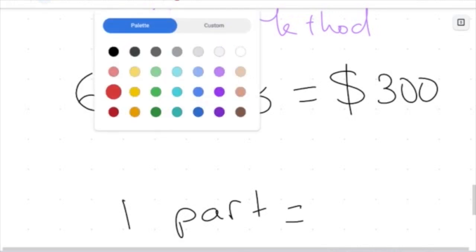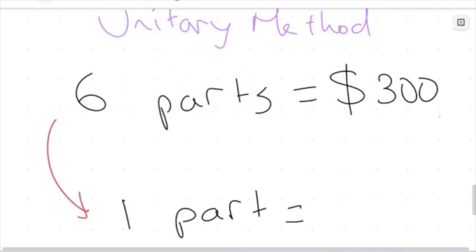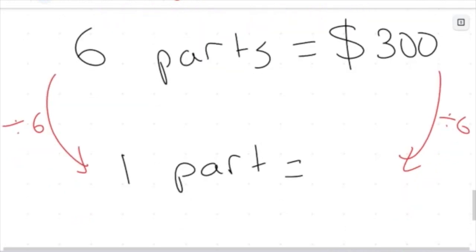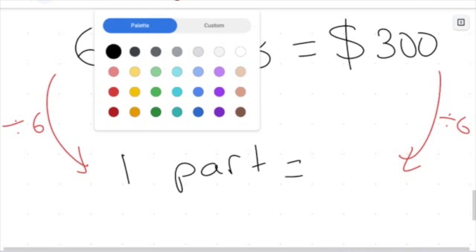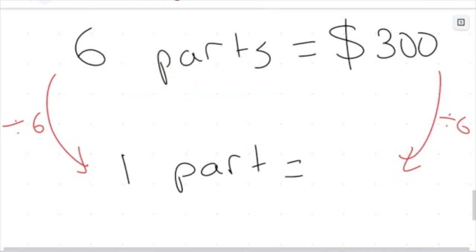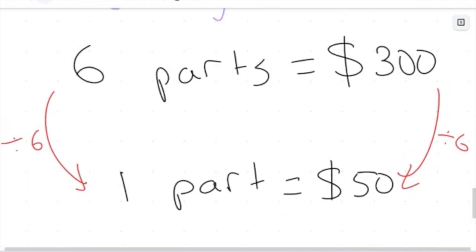Well, 6 parts make up 300, so one part would be 300 divided by 6. I can divide this into 6 equal parts, and doing this gives me that one part makes up $50.